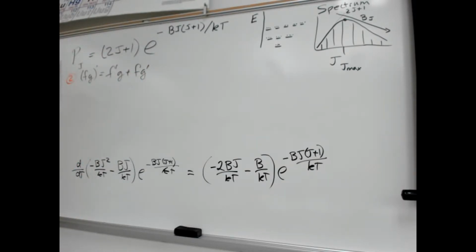When you have a 2j in front, and then an e to the minus stuff that contains j on the right, we're going to clean that up.